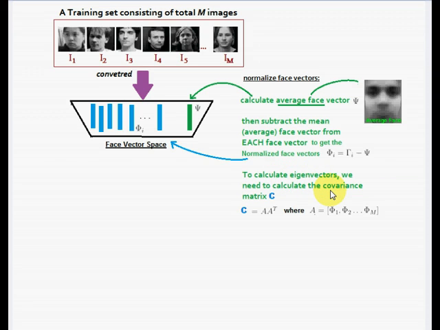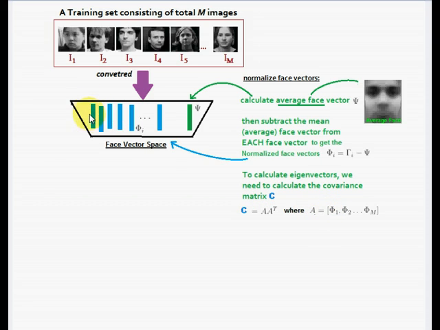As we have read earlier, PCA is done by decomposition of the covariance matrix. That means we simply calculate the eigenfaces or principal components from the covariance matrix. Now, the covariance matrix itself is given by the formula A into A transpose, where A is just a matrix with each column being a normalized face vector, as you can see.